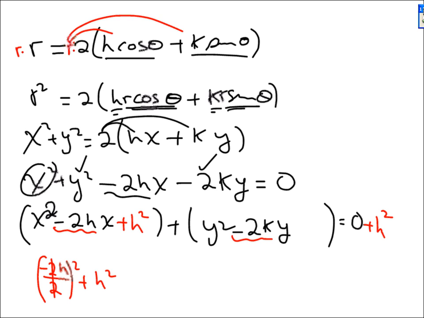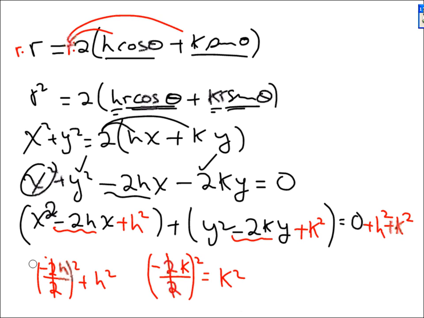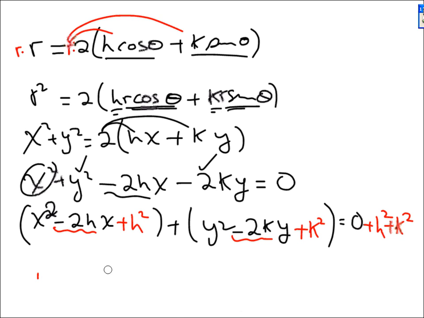Take half of the number in front of the y. Get negative k. Square it. Get k squared. If I add on k squared to that second bracket, then that second bracket is a perfect square. The first bracket is a perfect square.